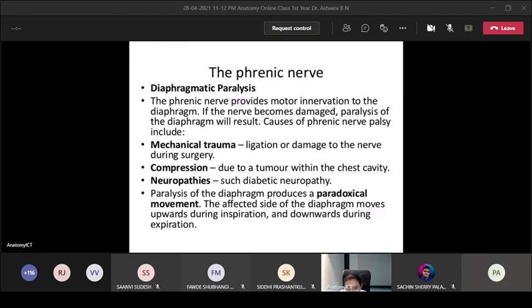The affected side of the diaphragm moves upwards during inspiration and downwards during expiration. Normally, during inspiration the diaphragm shifts downwards, and during expiration it moves upwards.